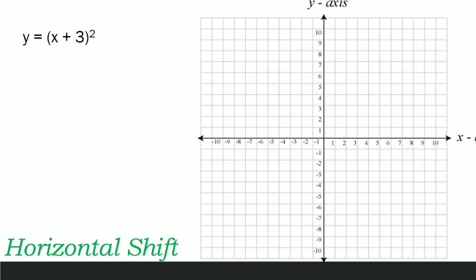Okay, how about if we add a constant to x, but there's a parenthesis like this, y equals quantity x plus 3 squared. Okay, we can try using or assigning values for x and then solve for y. Now let us assign, let's say, negative 3.